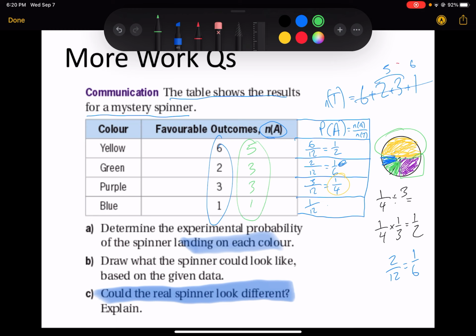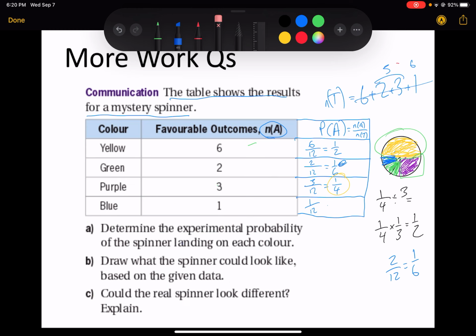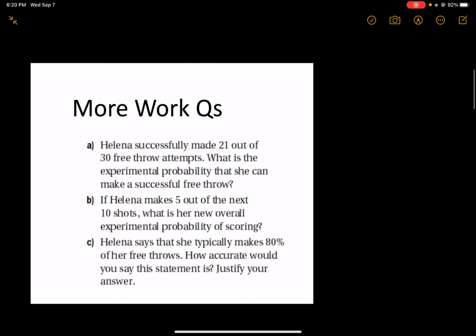Or there could be another value where it was orange, and it turns out to be 1, and this would be 2. So depending on the outcomes, that's what we're assuming the spinner would look like, but that's not necessarily the case. Okay, that's that for that question.